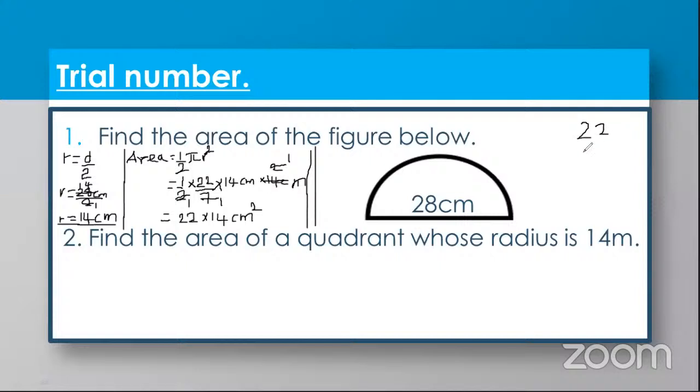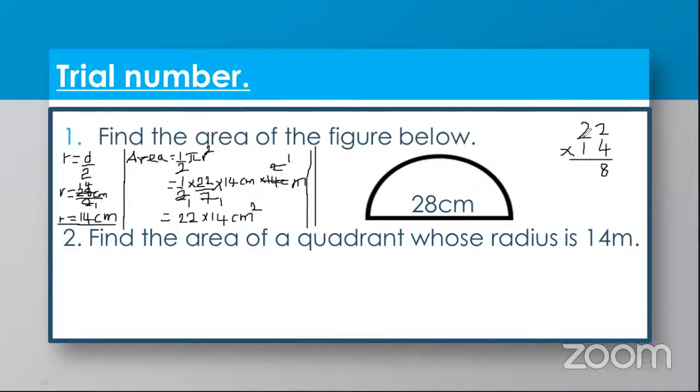Let us go to the side work and help them. You multiply like this so that we see how you have got your 308. Can you multiply from here? 2 times 4 equals 8.